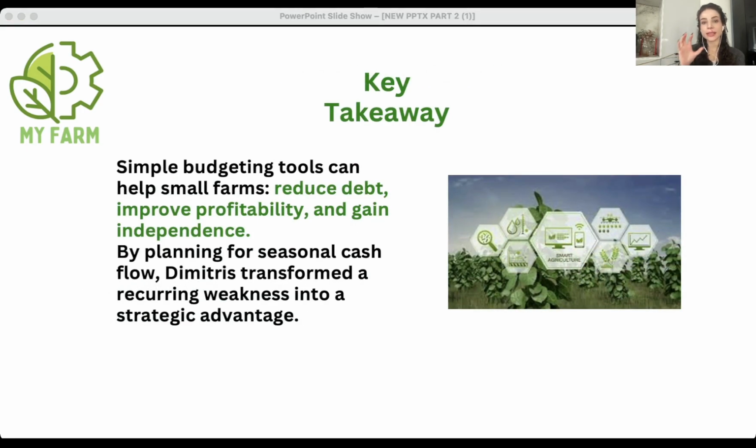Well, this example shows how basic budgeting tools can empower small farms to escape the debt cycle, improve profitability, and increase autonomy. By understanding and planning for seasonal cash flow dynamics, Dimitris turned a recurring vulnerability into a source of strategic strength.